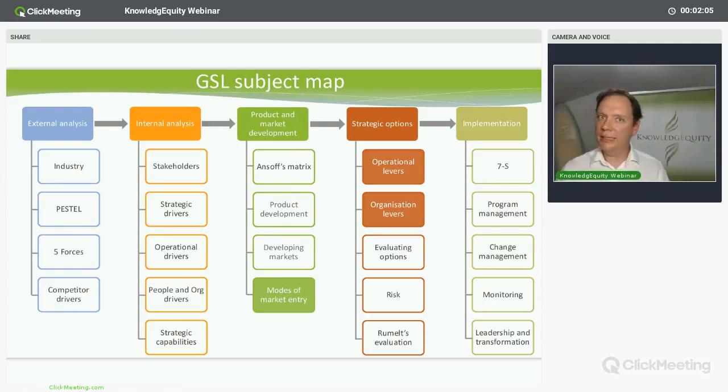And then we will try and clear up a common area of confusion between drivers and levers, and probably that'll be enough for this webinar. Week 7 we'll move into evaluating strategic options and Rumelt's risk, and we'll then move into Module 6.